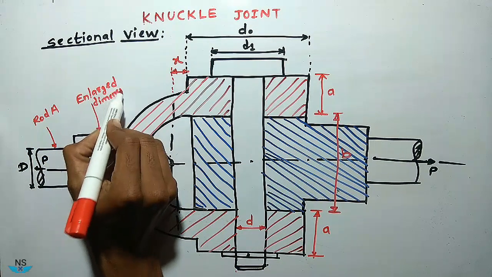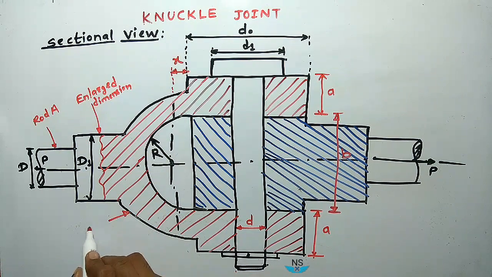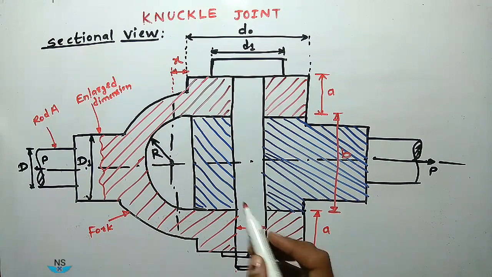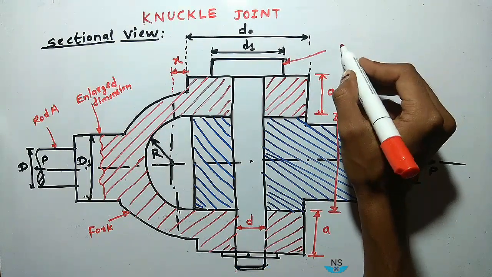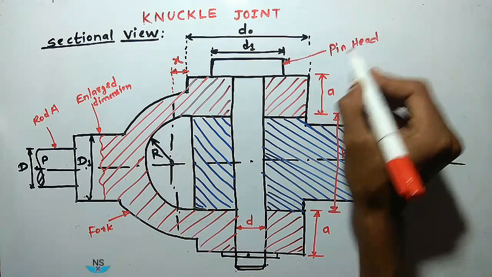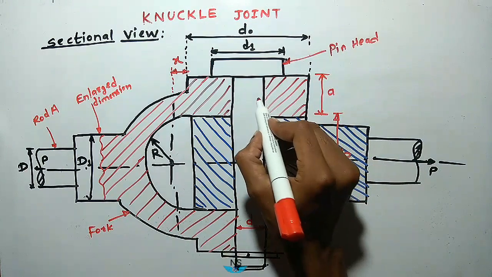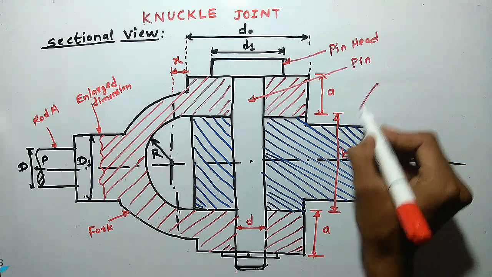Then this is the fork. Then this is the pin head. This is the pin. Now this is the eye.